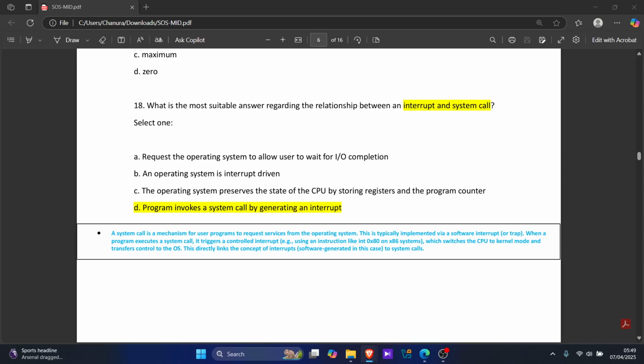An interrupt is a signal to the processor emitted by hardware or software indicating an event that needs immediate attention. The CPU stops what it's doing, saves its state, and handles the interrupt. There are hardware interrupts, like from a keyboard or timer, and software interrupts, which are generated by programs.